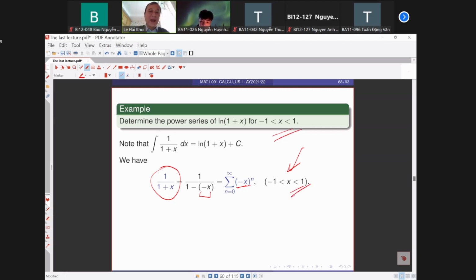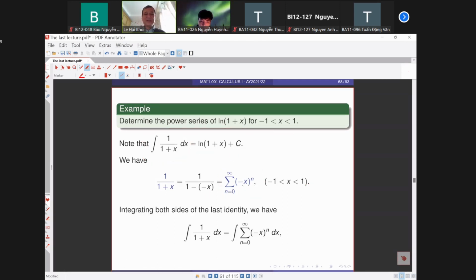And now you apply taking the integral of the left-hand side, you have this condition, but the right-hand side is represented in a power series. Integral, you can integrate term by term. That is, the integral of this one is the integral of this sum.